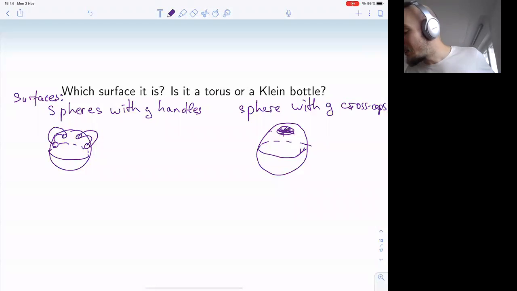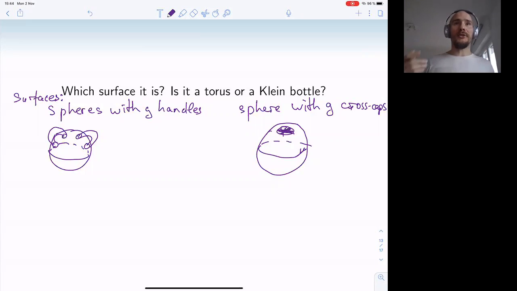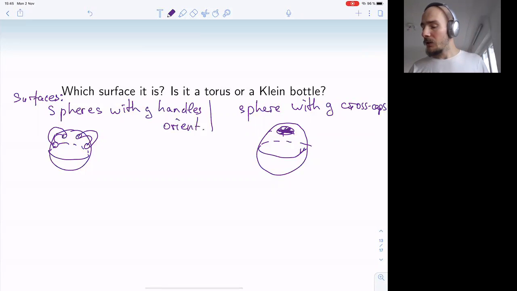So the point is that you glue a Möbius strip to this disk. The Möbius strip's boundary is just one curve, and then you can glue it. This is the orientable case, this is the non-orientable case. How do we distinguish those things?